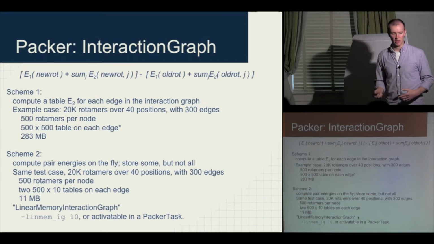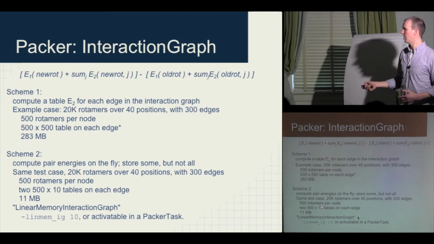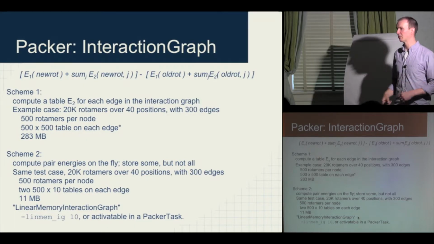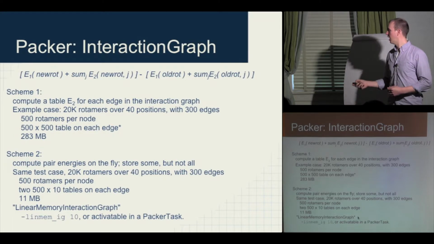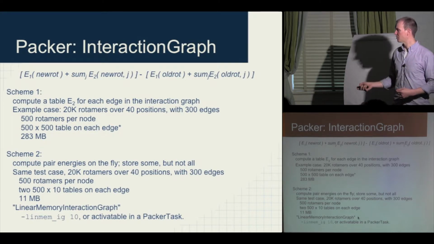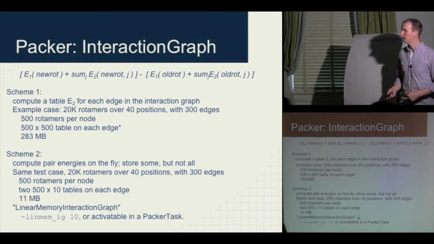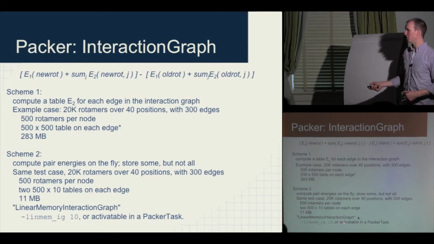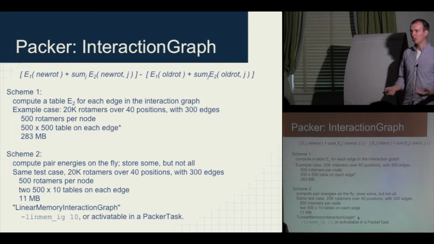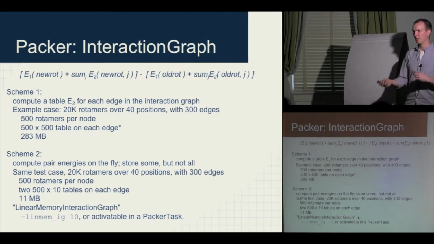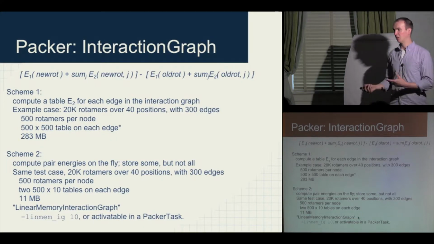If you only store some of them, say discarding them after a little while if they go stale, in this linear memory interaction graph scheme, you can save time and memory, which is a win-win. But I'll remind you that there are some exceptions, and so the decision has been not to make the linear memory interaction graph the default.